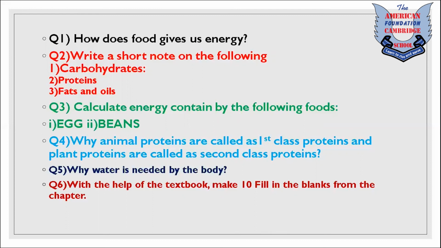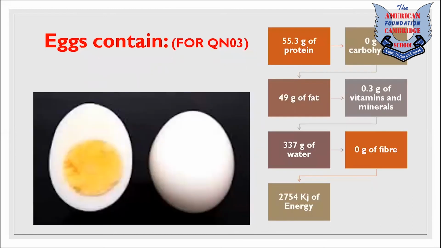Now moving towards question number 3: calculate the energy contained by the following foods: eggs and beans. In this slide you will find the data. It's not that difficult as you are thinking. Just stay relaxed and calm. Go back to the example I gave you about the chocolate when I was teaching you carbohydrates.